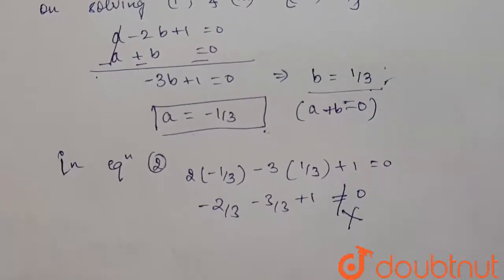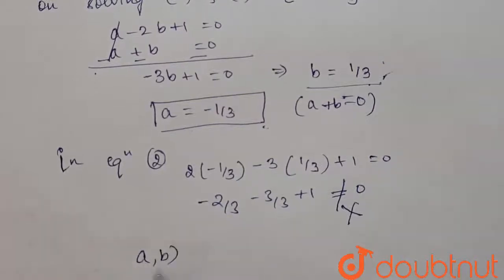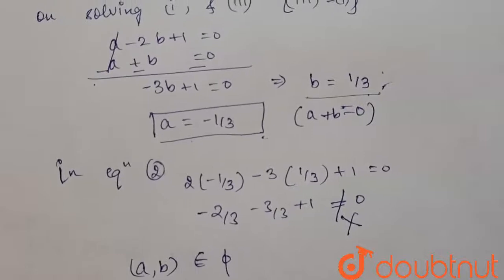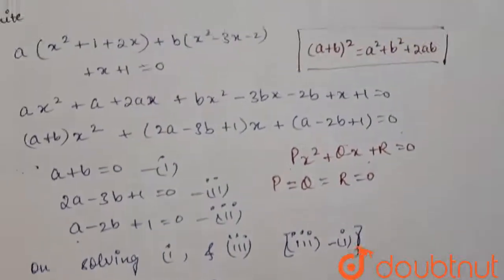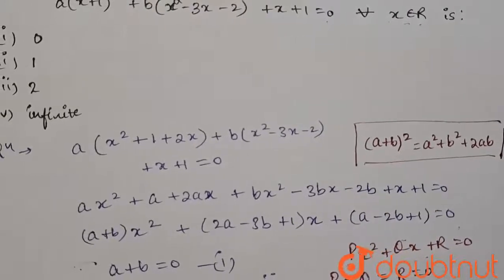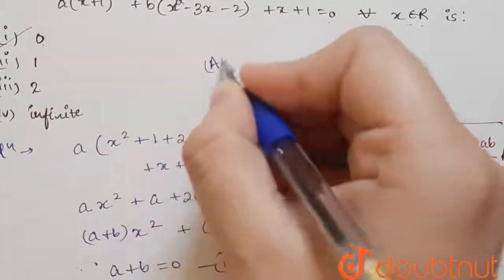Therefore, there is no possible ordered pair (a, b) for which this quadratic equation is defined for all x belongs to R. That is, the ordered pair (a, b) has 0 elements. So we get option number 1 as the answer. So our answer is option A.